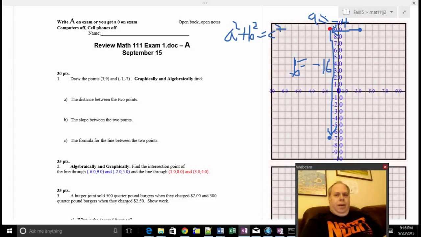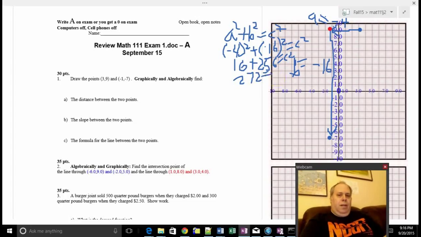So that gives us -4 squared plus -16 squared equals C squared, which is 16 plus 256 equals C squared. 272 equals C squared.